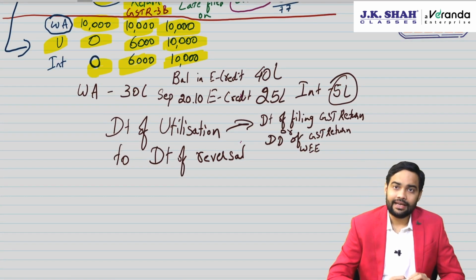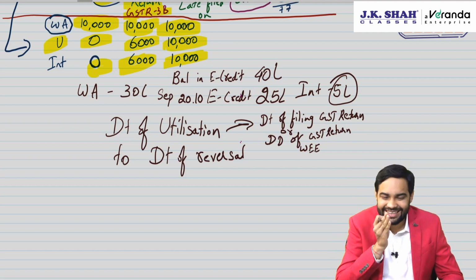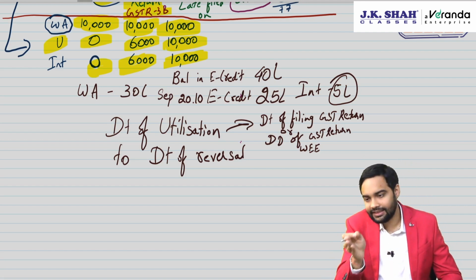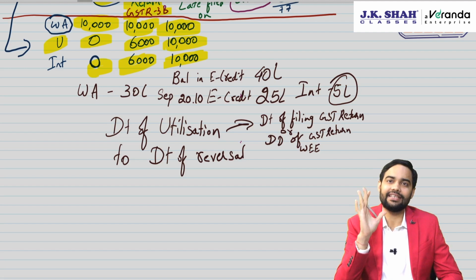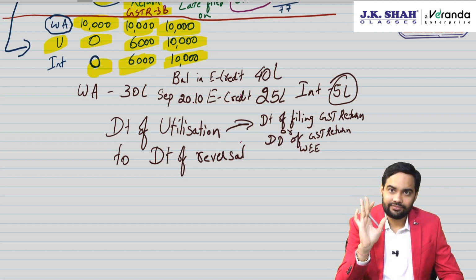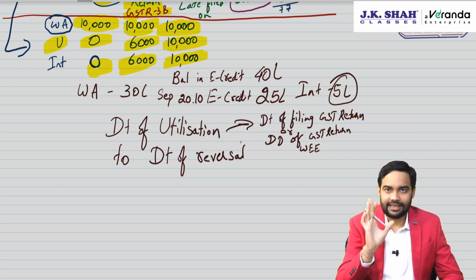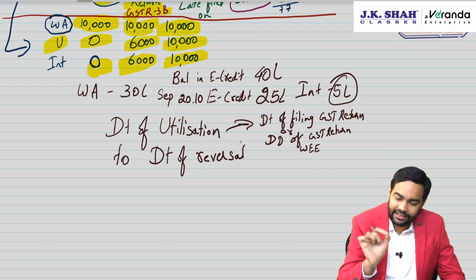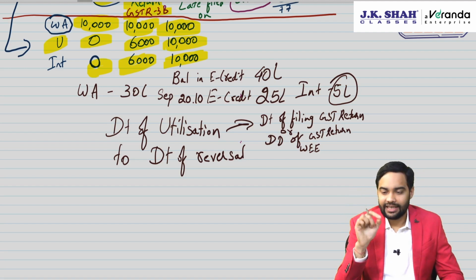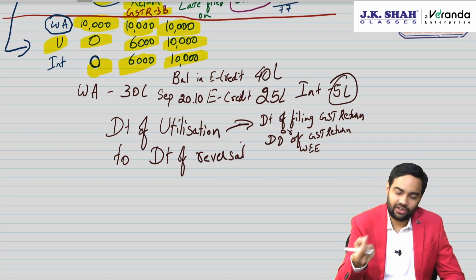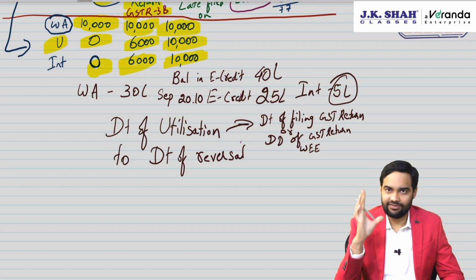And then interest will apply from the date of utilization till the date of ITC reversal or payment. Lastly, date of utilization is also defined: date of filing GST return or due date of filing GST return, whichever is earlier.